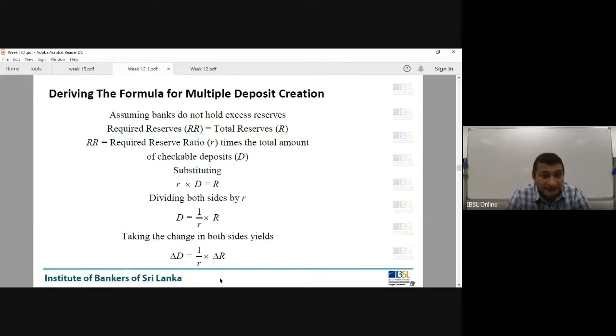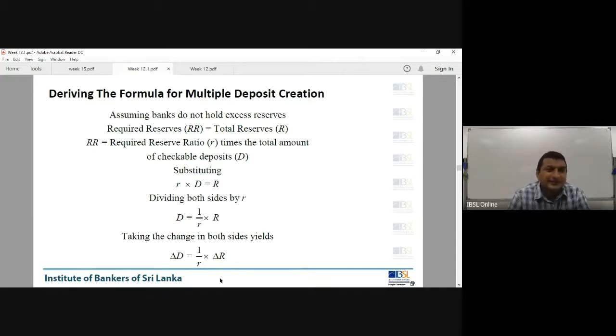So in the simple deposit creation formula, there is no excess reserve. Required reserves is equal to total reserves. But interestingly, you can figure out required reserves by looking at the required reserve ratio and the deposit amount. So it is nothing but the required reserve ratio times the deposit.